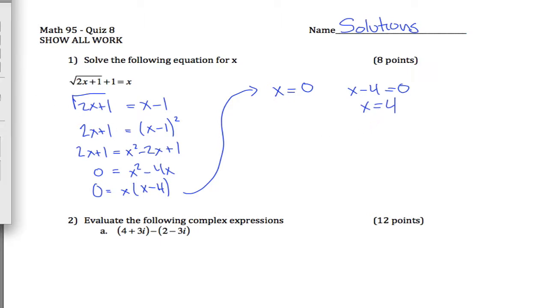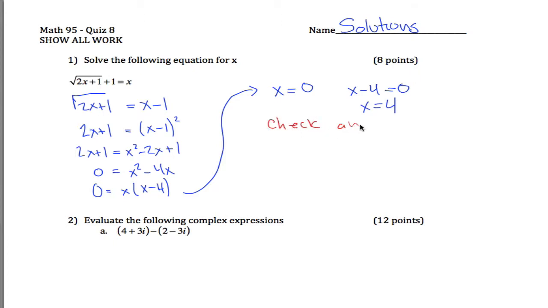Be careful on these radical equation problems. You always have to check your answers. What we will see is that one of these is not a solution. So if we plug 0 back in everywhere you see x, you get the square root of 2 times 0 plus 1, plus 1 equals 0, question mark.